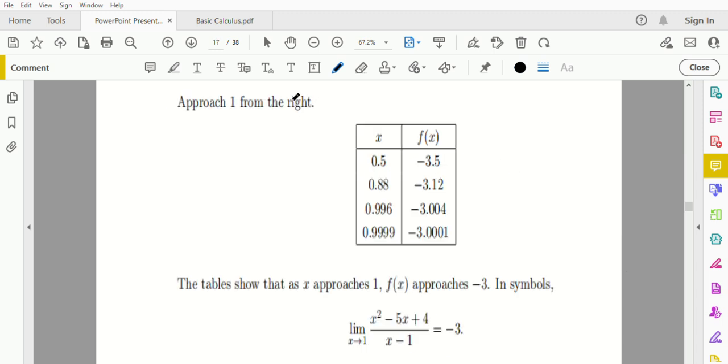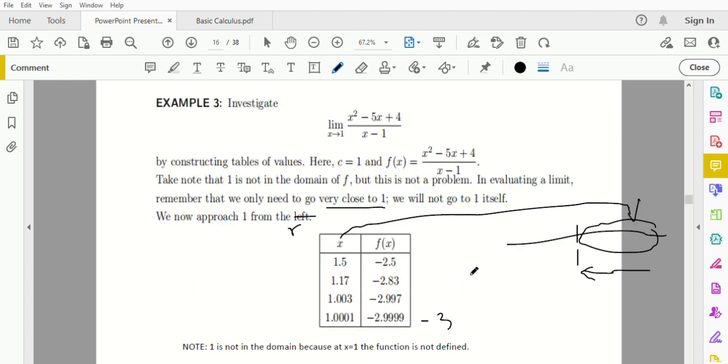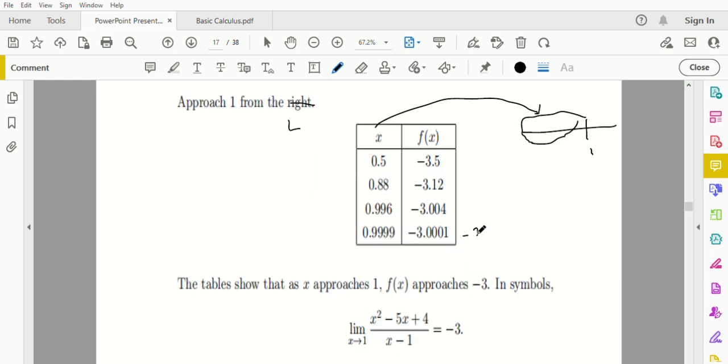And this is from the left. As x approaches from the left, meaning if this is 1, these x's are here. It approaches 1 from the left. Based on this, the same thing, this will approach negative 3.